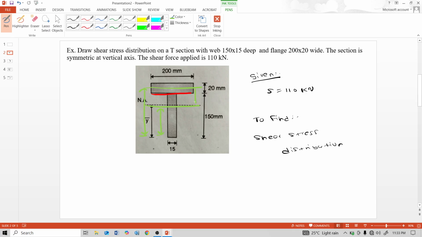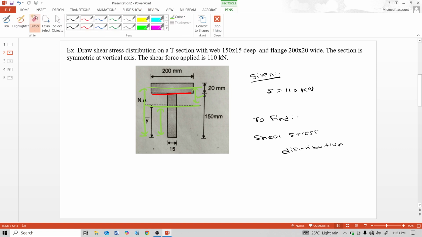That means this distance is 170 minus 129.4 and minus this 20 by 2, which is the CG of the area above junction with respect to the neutral axis. This total distance is 170.